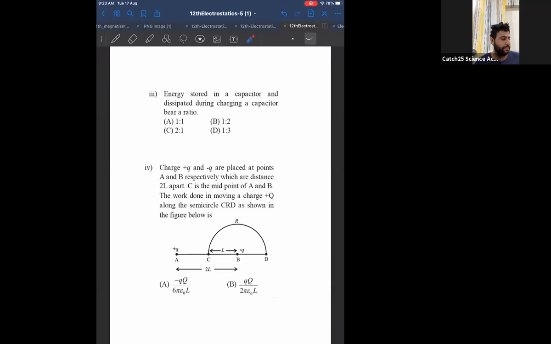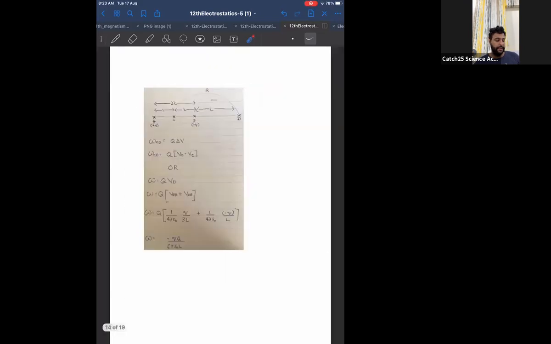I'll give you a clue. See here. We have to find the work done in moving a charge along the circle CRD. That means finally I reach point D. So I have to find the work done in reaching the point D. Correct?